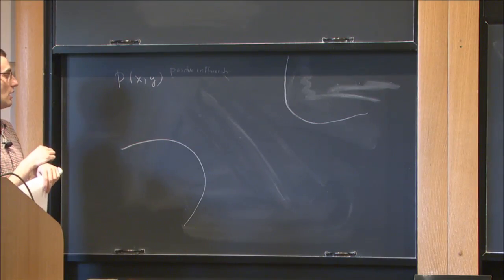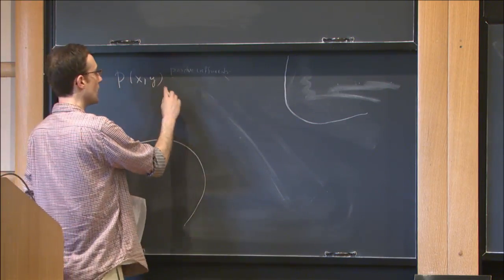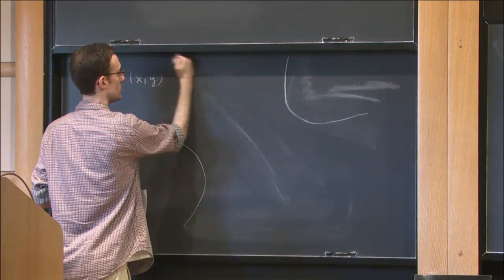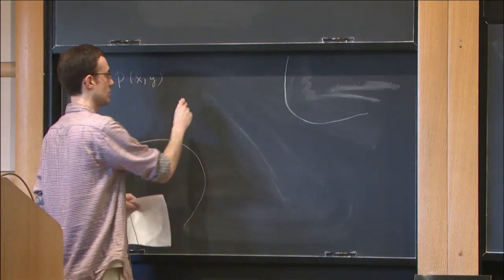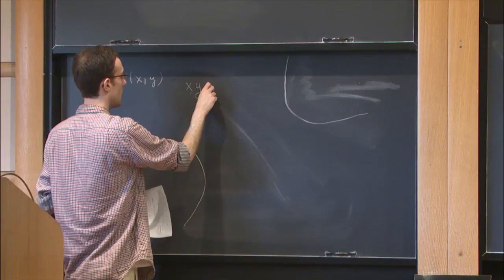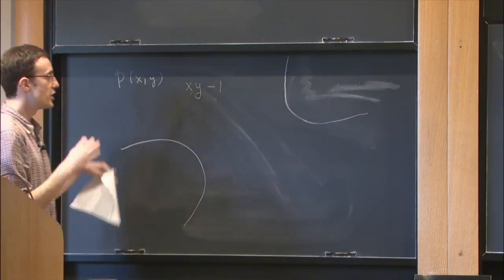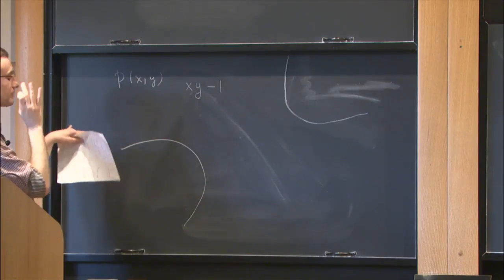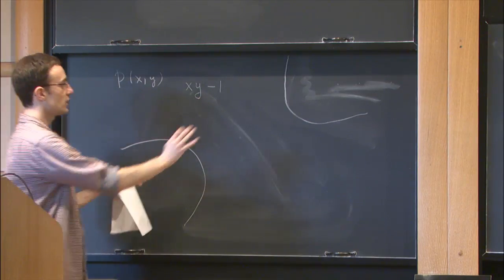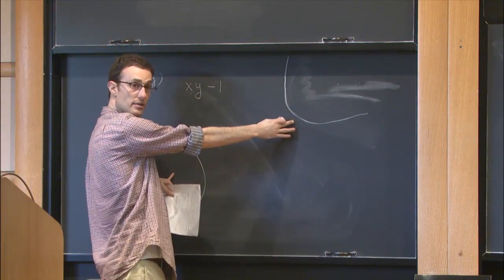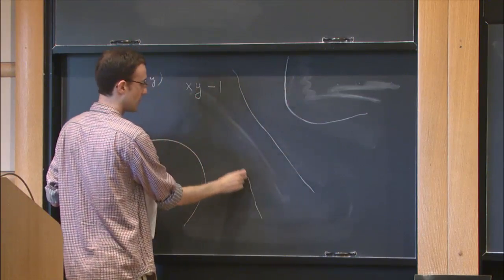Your polynomial is something equal to 0, right? Yeah, so, all right, let me not do positive coefficients, and let me just do this. So xy minus 1 will be this. And in general, a real stable polynomial will look like this on the ends, and 0 sits in the middle.